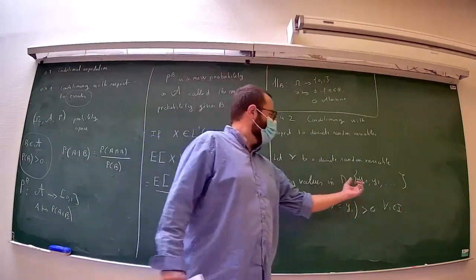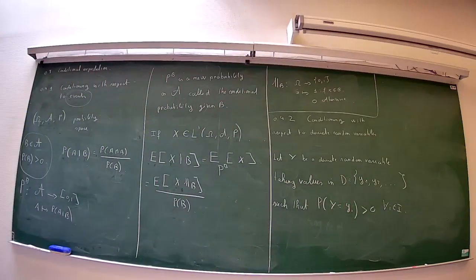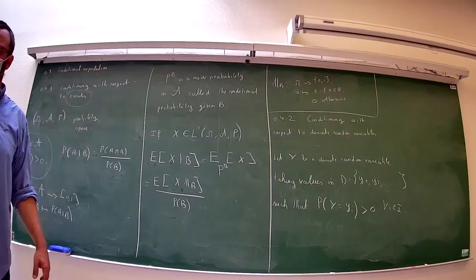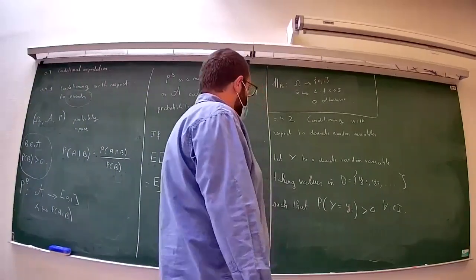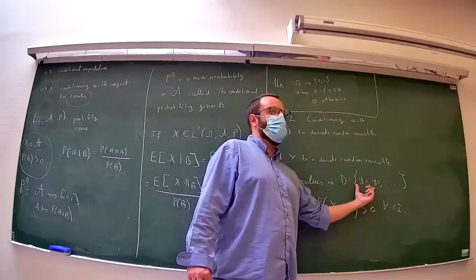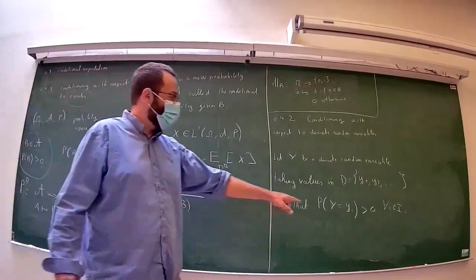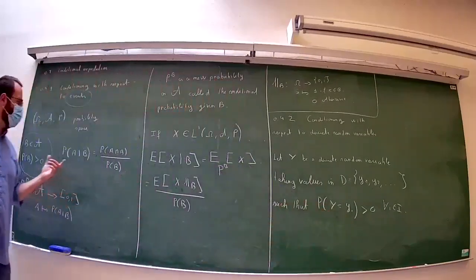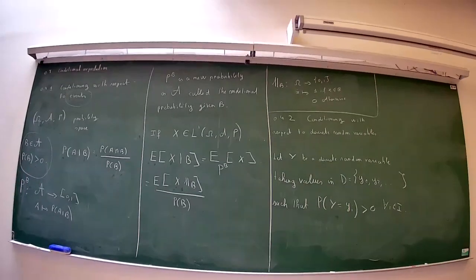It means that I want real possible values for capital Y. If a value is such that the probability to take this value is 0, I remove it from the set capital D. So let Y be a discrete random variable taking values in D such that the probability of each value to really occur is strictly positive. And why do I do this? Because, as in the definition of the conditional probability, I will need to divide, so that's why I want them to be strictly positive.